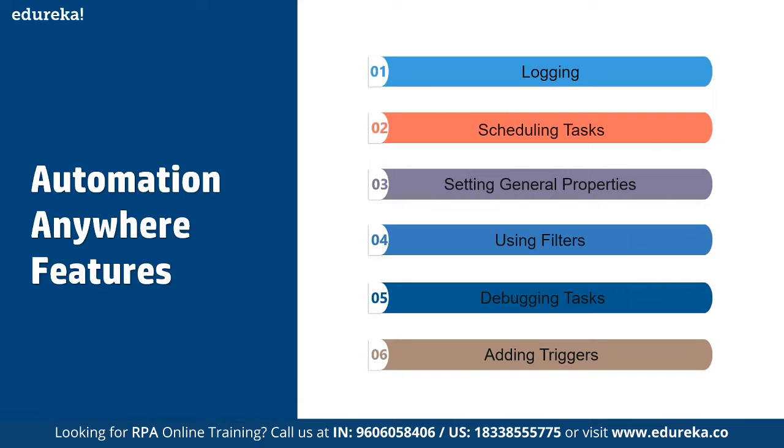First of all, we have logging, so we can log each and every activity conducted by the bots, and see by which user it was conducted. We can also use it for scheduling tasks, setting general properties, using filters, debugging tasks, and aiding triggers. These are the features offered under Automation Anywhere.